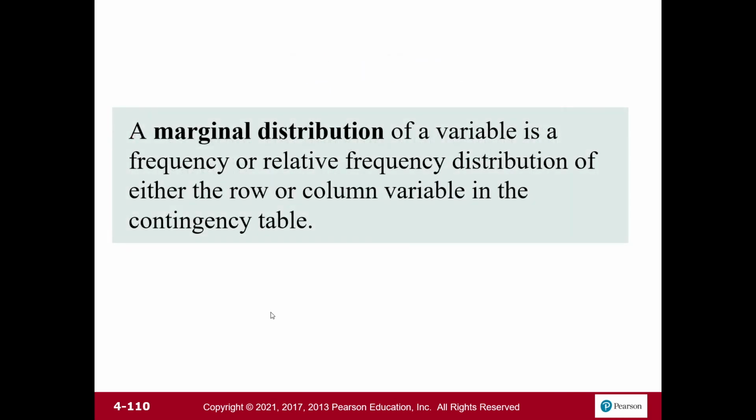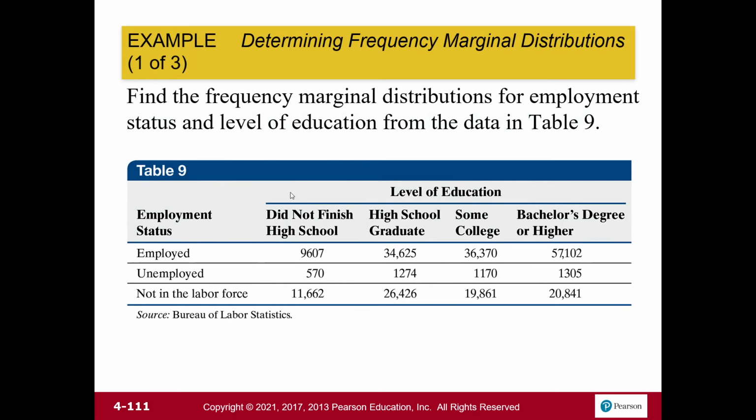The marginal distribution of a variable is the frequency or relative frequency distribution of either the row or the column variable in the contingency table. First, it says find the frequency marginal distributions for employment status and level of education from the data in table 9.